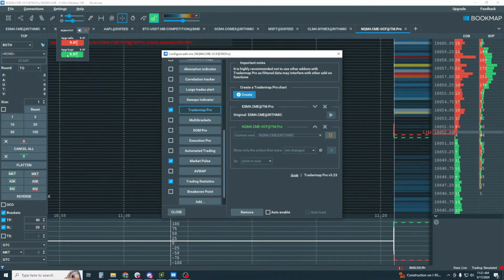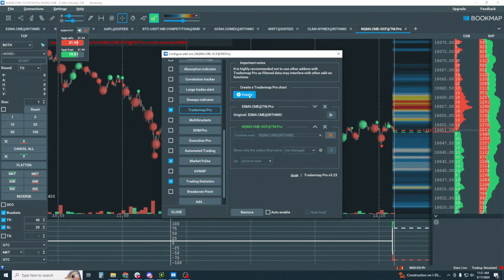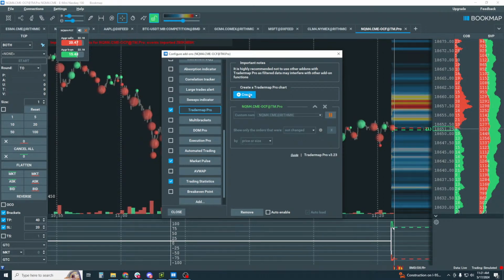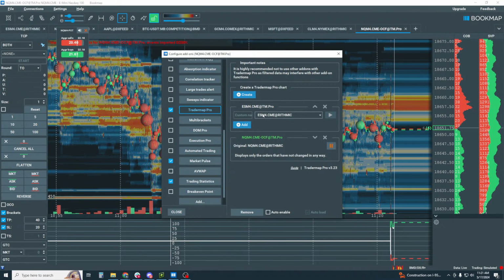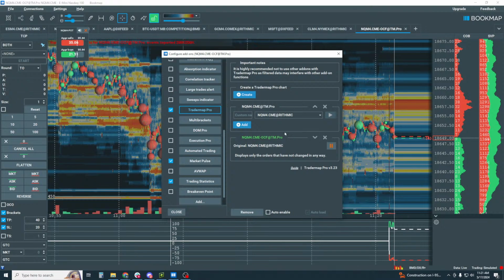So anyway, yeah, now you can hear the buyers and sellers coming in again, the pace of tape. Get rid of that one and recreate this Trader Map Pro for you, Sean, so you see it. Okay, so we'll do another one for the NASDAQ here.